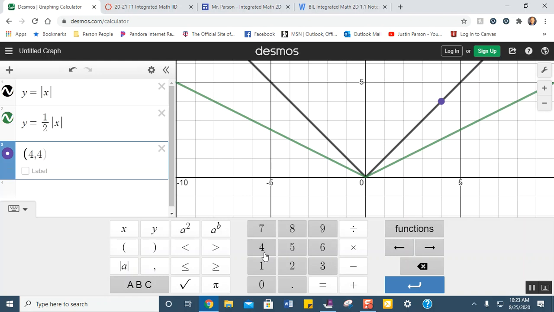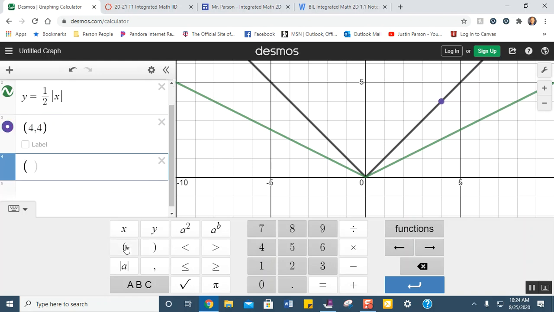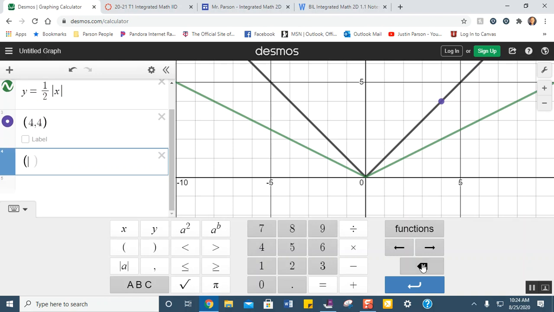Now, the point directly below that, if I would draw a vertical line straight through this purple line, the point that's below it on the green graph is at the point 4, 2. Right, 4 and down 2. The two points right here, the purple one and the black one, they line up.